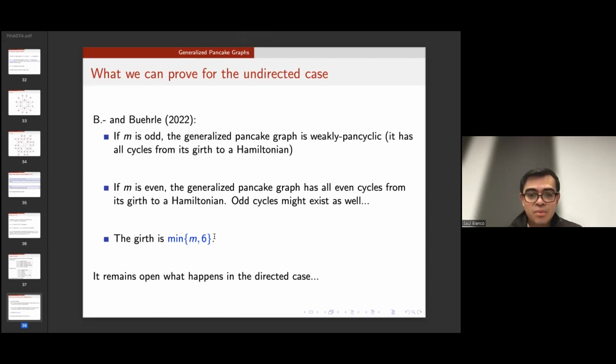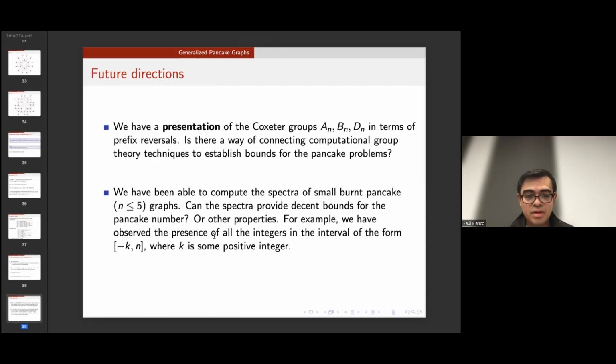So now where do we go from here? There are a couple of different things that we're exploring right now. First of all, both Charles and myself started with Coxeter groups back when we did our PhD theses. So our question was, can we have a presentation for Coxeter groups?